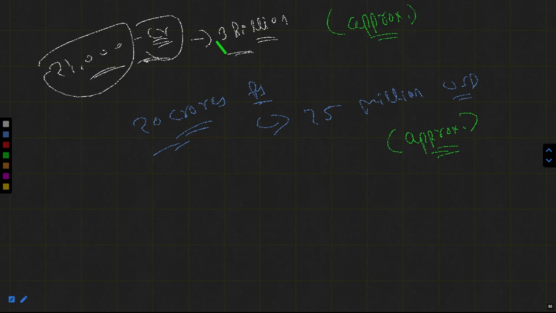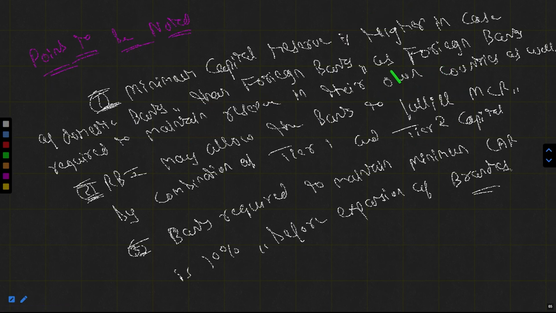All right, so 25 million is for the foreign banks and this is for the Indian banks. So now you can say why the Indian banks have to give more MCR than the foreign banks, because the reason lies here. The foreign banks require to maintain the reserve in their own countries as well. First thing we need to understand is that actually the foreign banks do not belong to India.